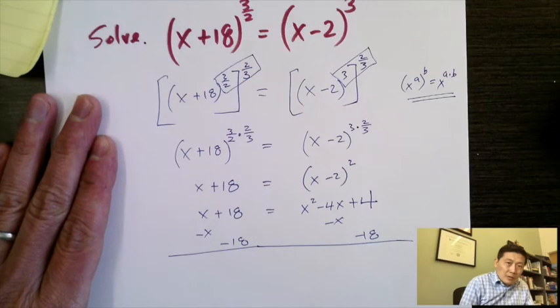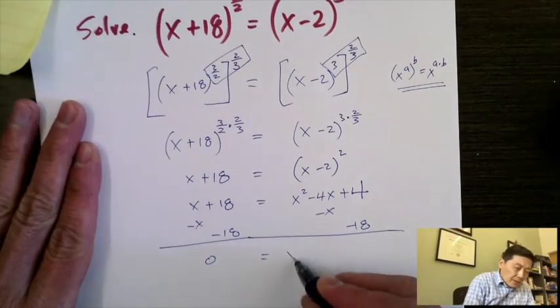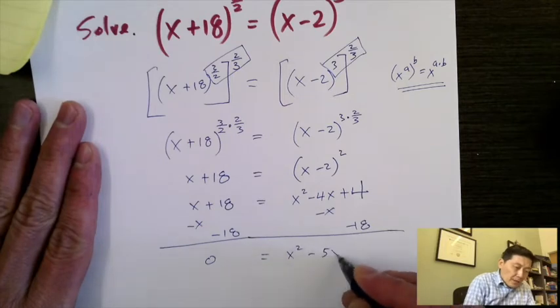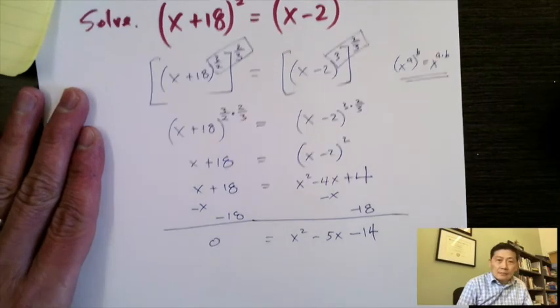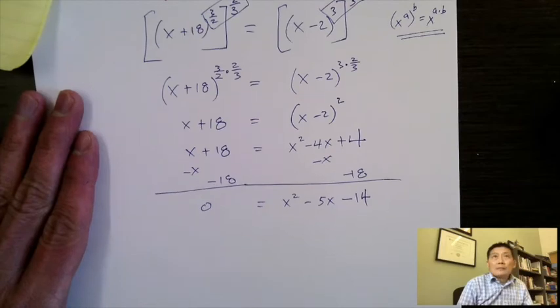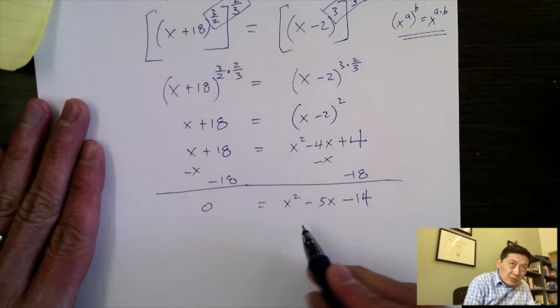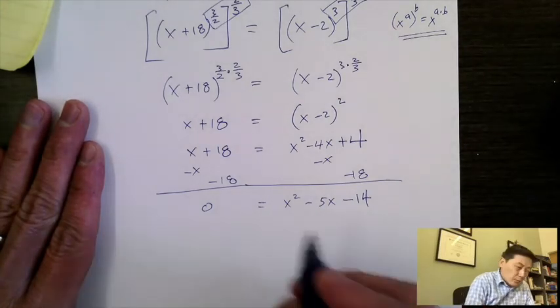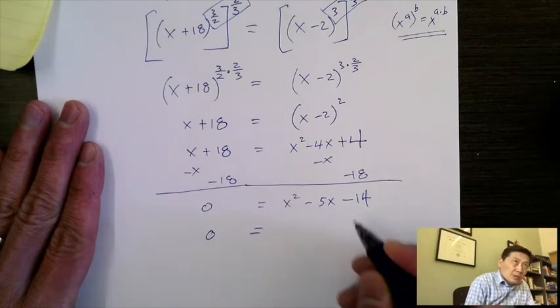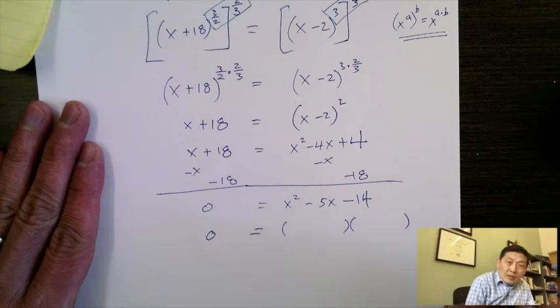And then what do we have? We've got 0 equal to x squared minus 5x minus 14. Okay. So now, as you can see, this is a very simple trinomial that we can factor. 0 is still equal to 0, and in this case, what we can do is a 7 and a 2, right?